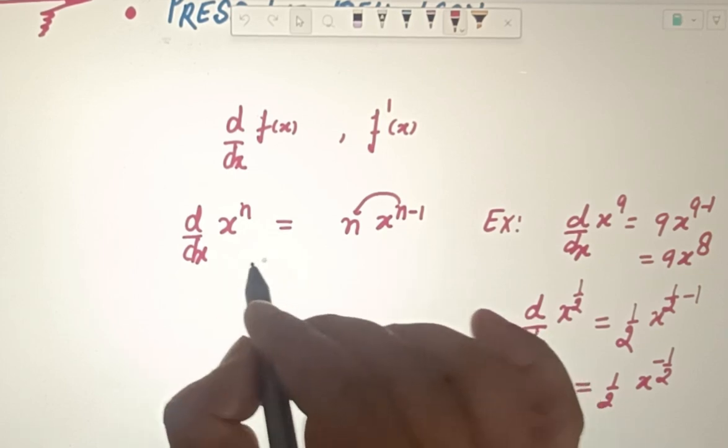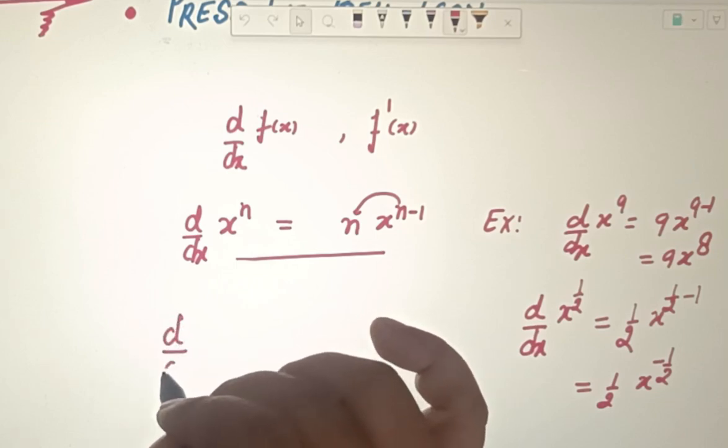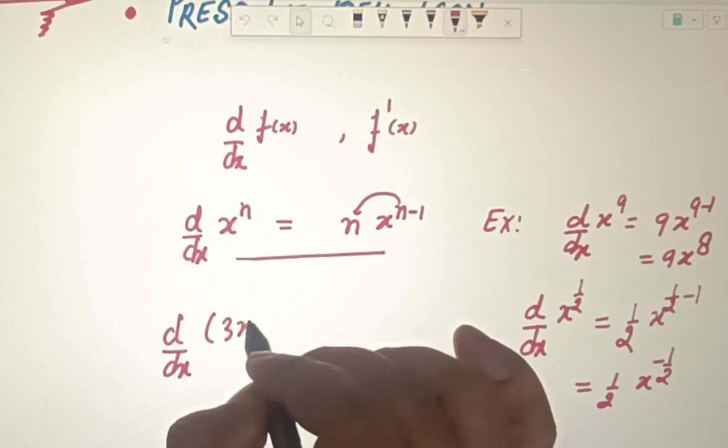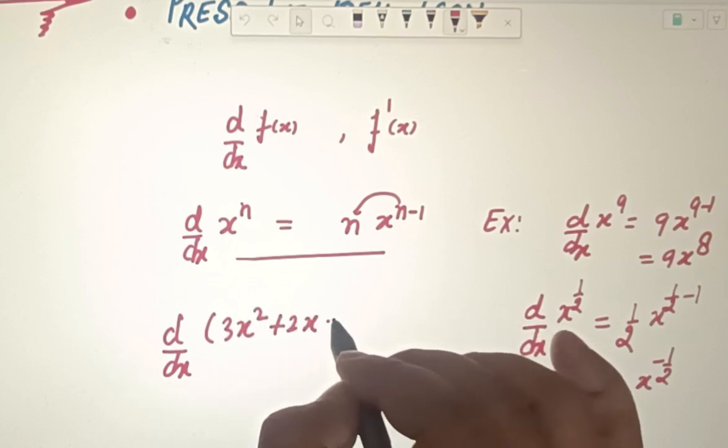Similarly, by this formula you can find the derivative of a function like 3x square plus 2x minus 5.